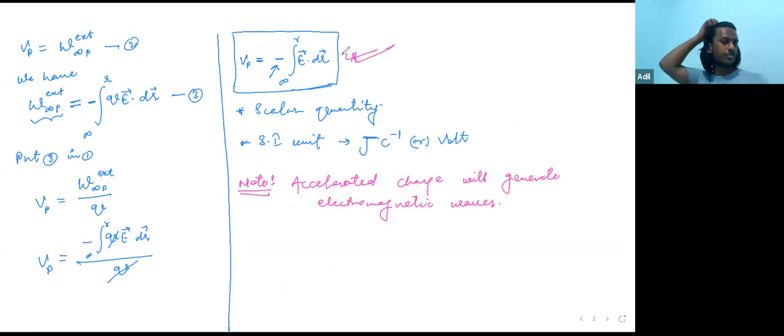We will use this equation in the solution of questions further on.